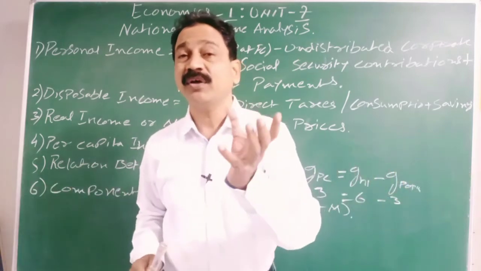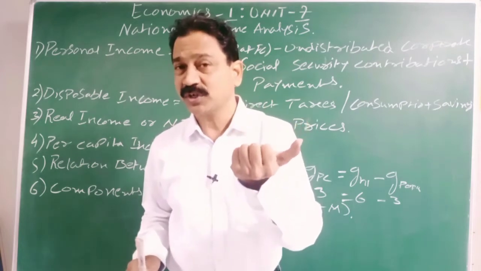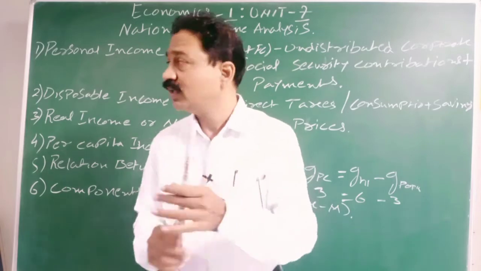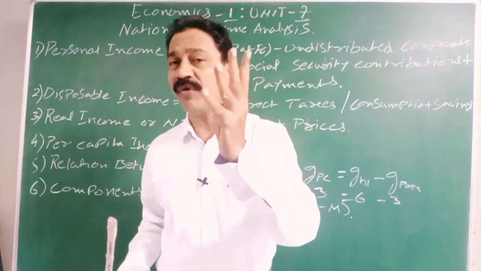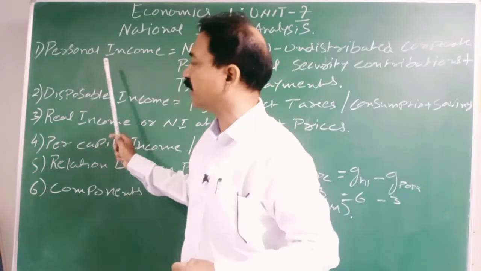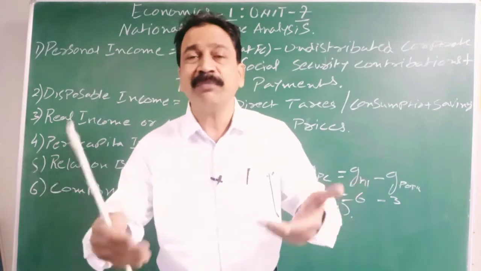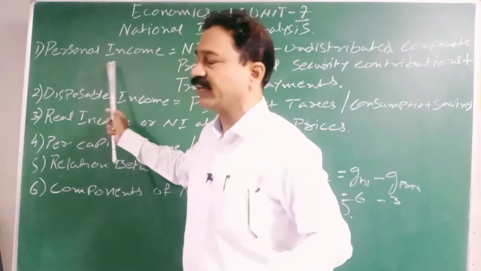Whatever a person earns through rent, wage, interest and profit put together, that is personal income. So from 4 ways he is getting his personal income. Whatever is distributed from national income to the public will become personal income.